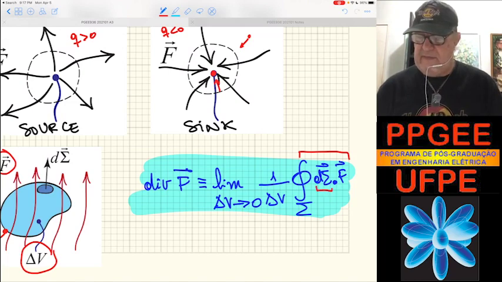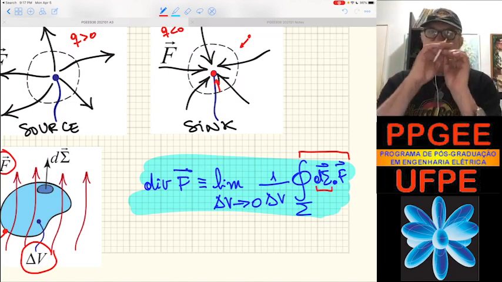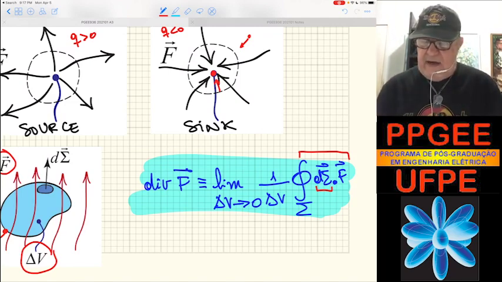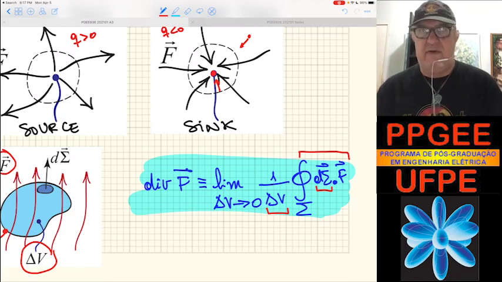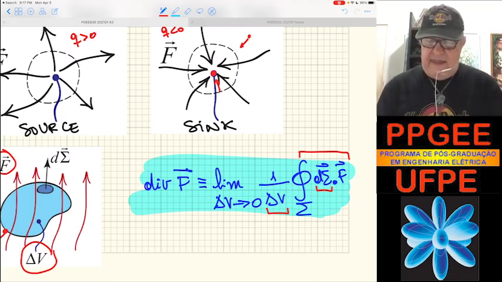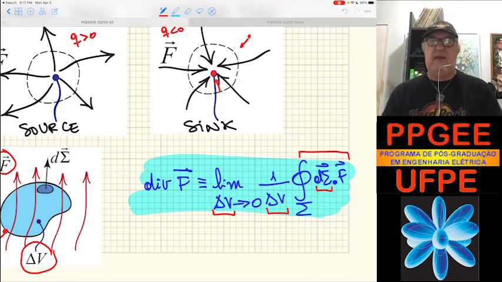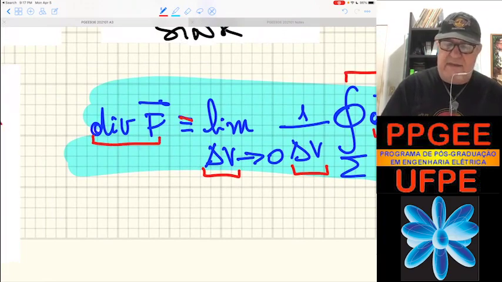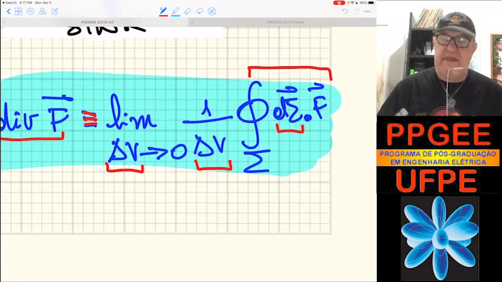So we have a differential volume and its surface, we make that flux calculation, and you divide by the volume, in the limit that this volume is very small. So divergence of F, by definition, is this limiting process.